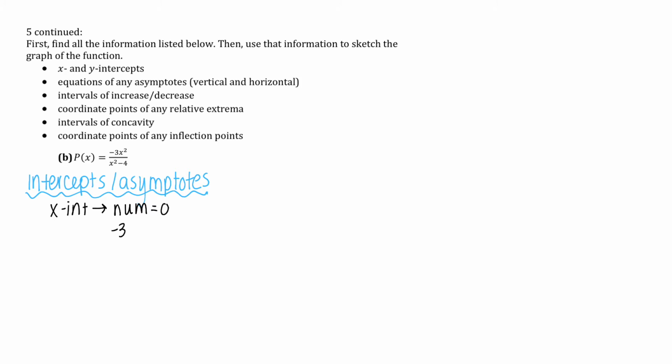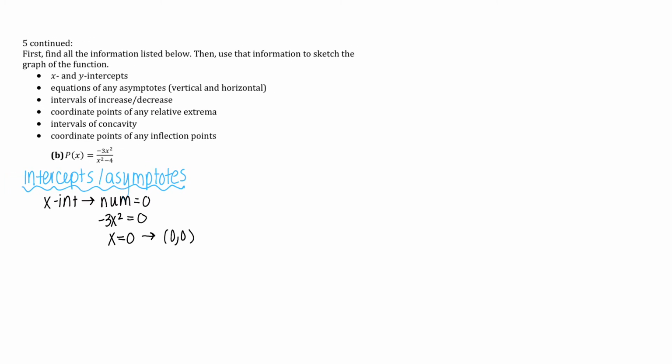So you have negative 3x squared equal to 0, which just gives you x equal to 0. So that's going to be the point (0, 0). And I'm going to start collecting that information over here. For the y-intercept, this is where you plug in x equals 0.